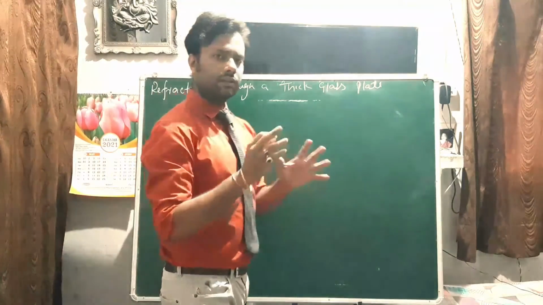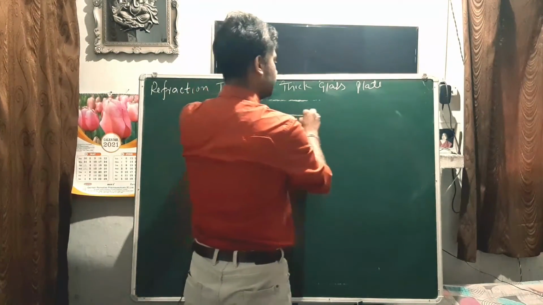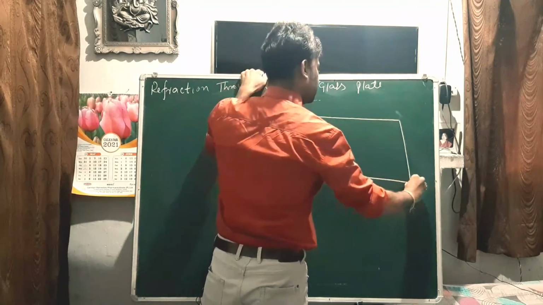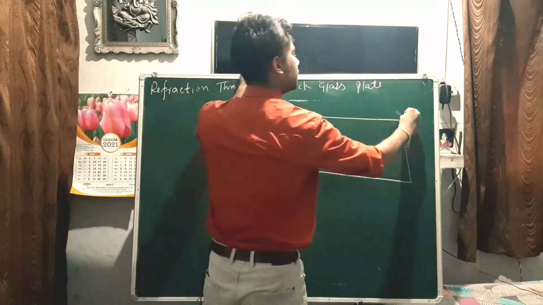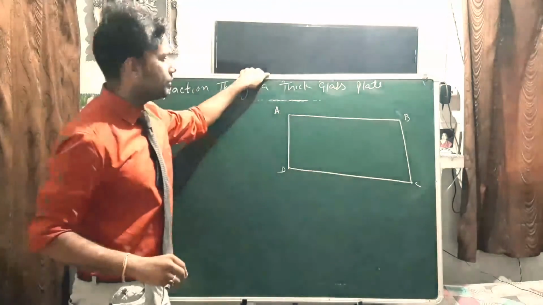Let's suppose we have a thick glass plate like this. Let's say this thick glass plate is A, B, C and D.